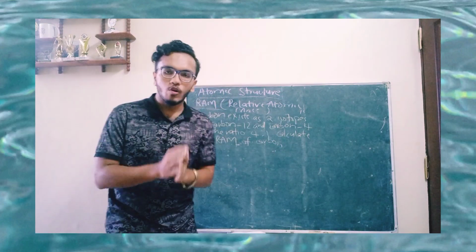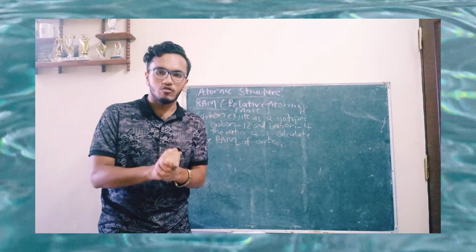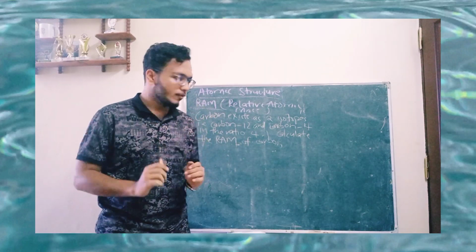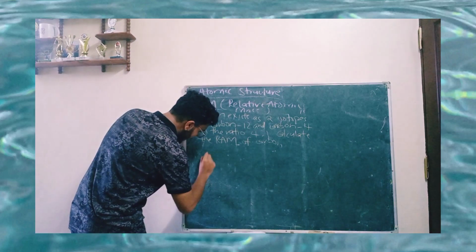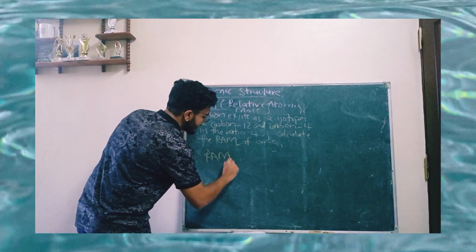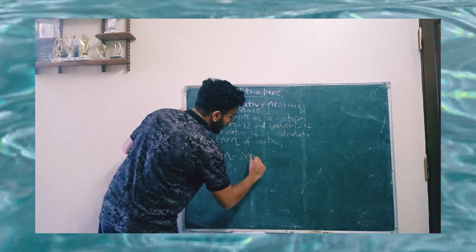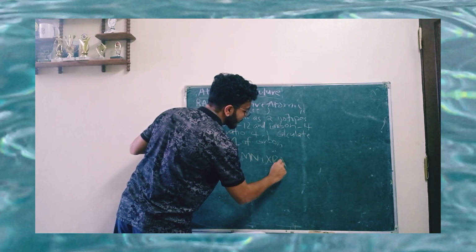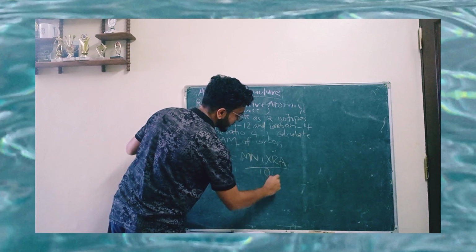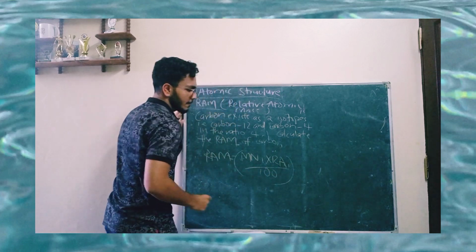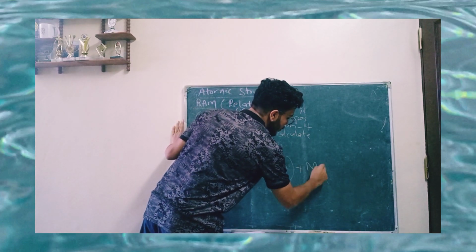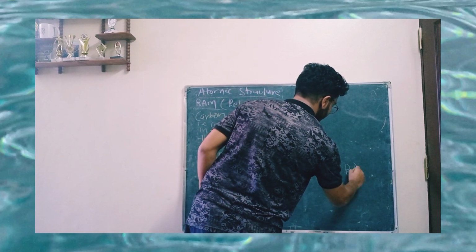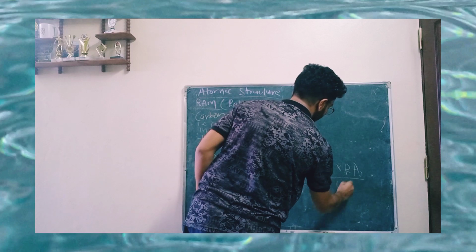When you have been told to calculate the relative atomic mass, the first thing you will do is write the whole formula, which is RAM is equal to mass number 1 times relative abundance 1 over 100, into brackets, plus mass number 2 times relative abundance 2 over 100.